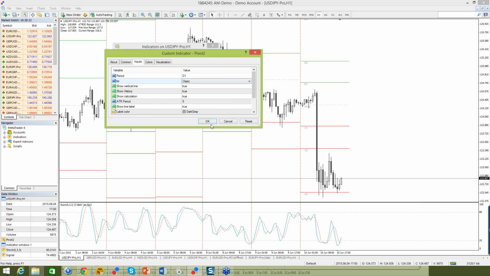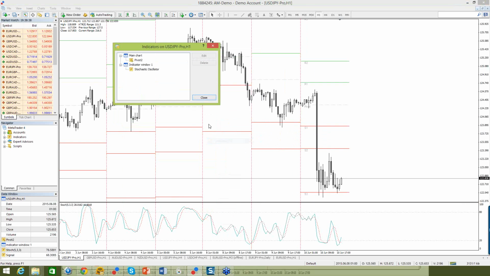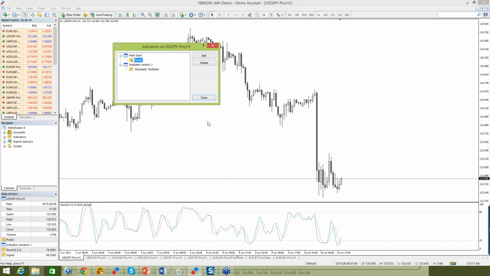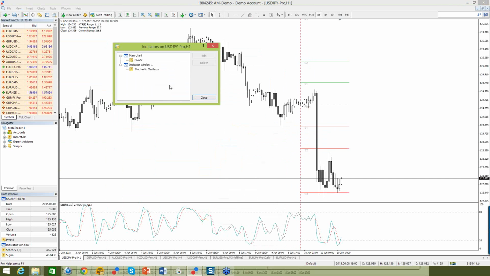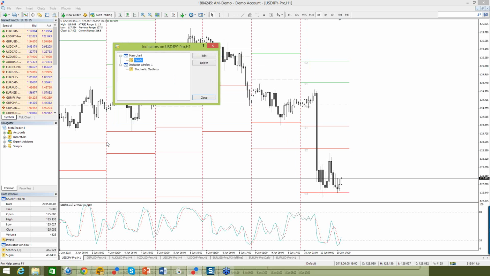This is classic pivot points. Press OK, close, and you will see historical levels and today's levels. If you, for example, set show history to false, you will not see historical levels. So this is how you can set show history to true, and here it goes. It's pretty much straightforward, nothing to be afraid of.